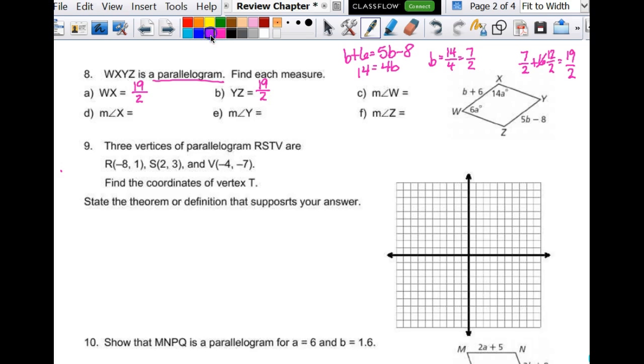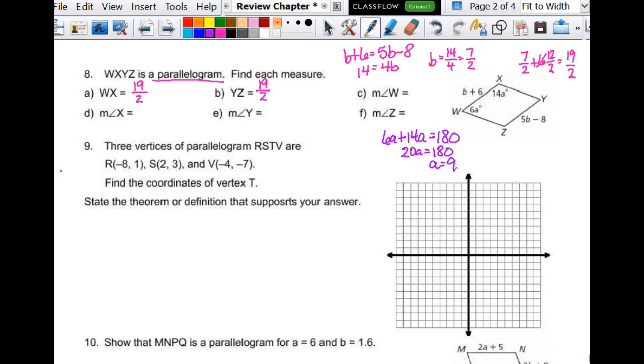Angle W, that's this angle right here. These two angles are consecutive, so they're supplementary. So 6A plus 14A has to equal 180. So if it's a parallelogram, then consecutive angles are supplementary. This is going to give me 20A equals 180. So A is equal to 9.